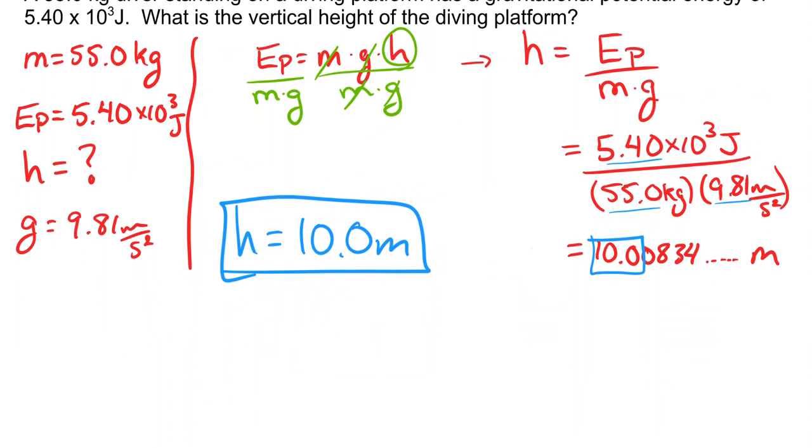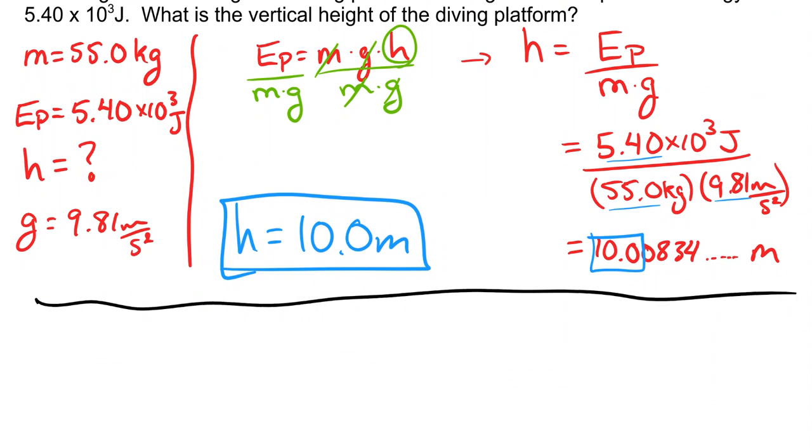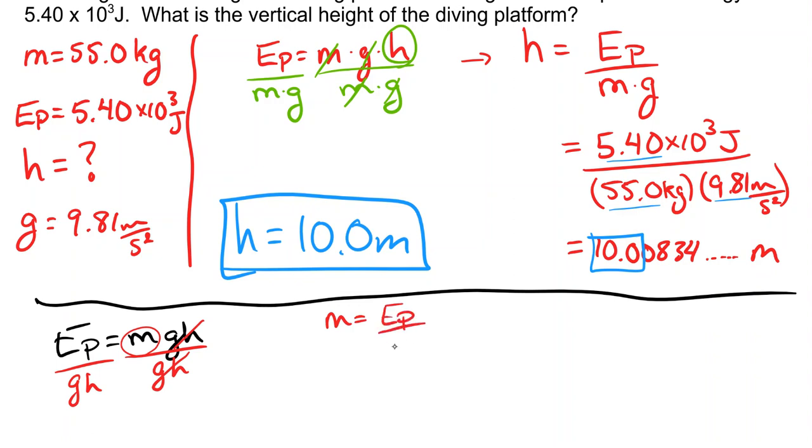What I want to show you really quickly, as an addendum, is that we could rearrange the EP equals mgh formula for any of these variables. If we wanted m, we would divide by g and h, so m is EP over gh. No problem.